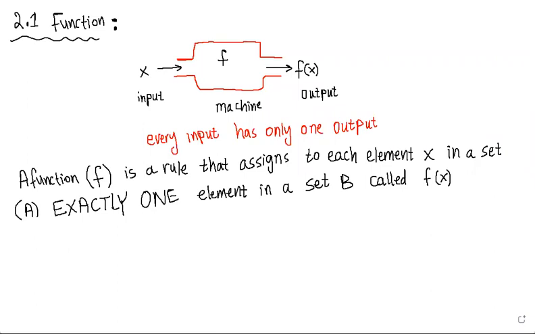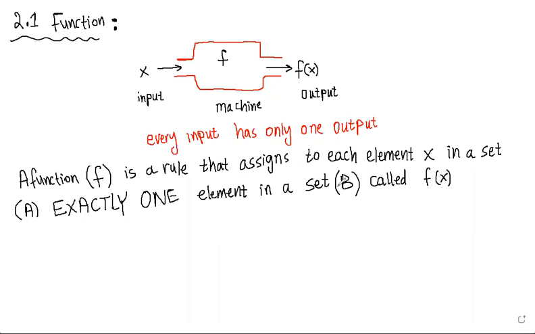Okay. So it's like a machine that connects every point in the set A to another point in the set B. The set A is called domain, and the set B is called range.